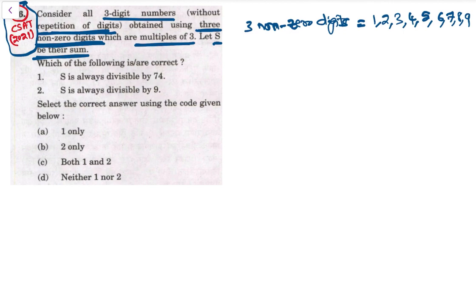See, by using 3 non-zero digits we have obtained 3-digit numbers. See, let's take ये 3 digits use करके 3-digit numbers लेते हैं. ठीक है.